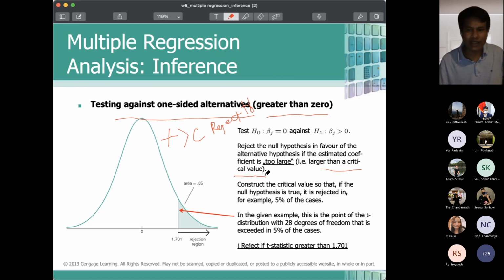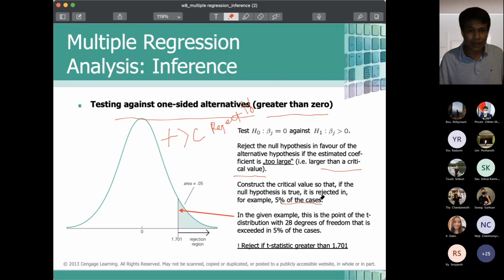To construct the critical value, we need some rejection or significance level. For instance, you construct the critical value so that if the null hypothesis is true, it is rejected in, for example, 5% of the cases.